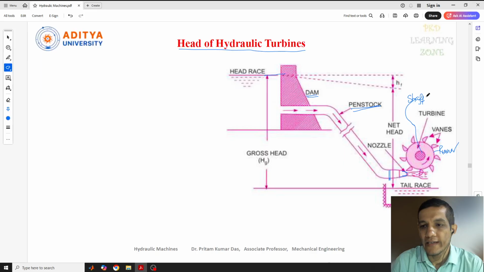The shaft will be connected to the generator. So these are the equipment. The water coming out from the dam strikes the turbine, and after that it falls to this container, which is called the sump level, and you can say this is the tail race.